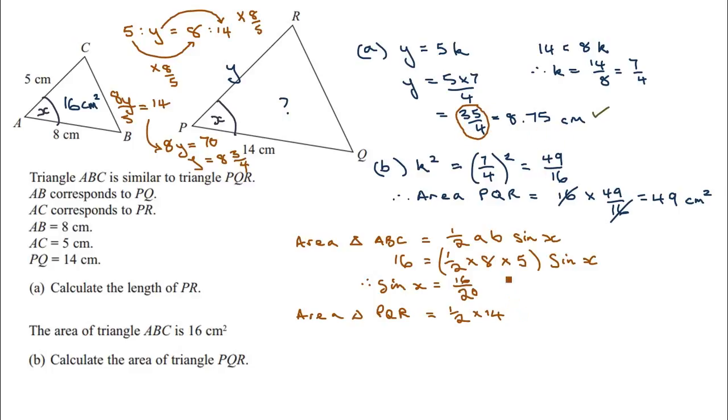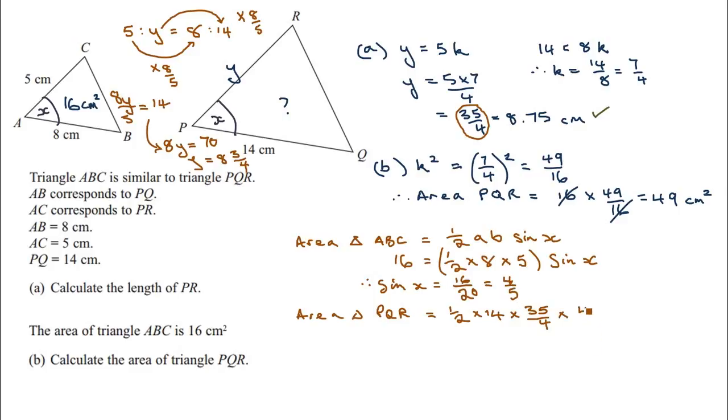So b is 35 fourths. So half times 14 times 35 fourths times the sine of this angle x. Well, we now know that the sine of this angle x is 16/20. And that simplifies, divide top and bottom by 4.